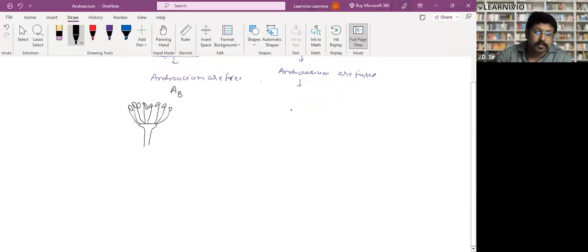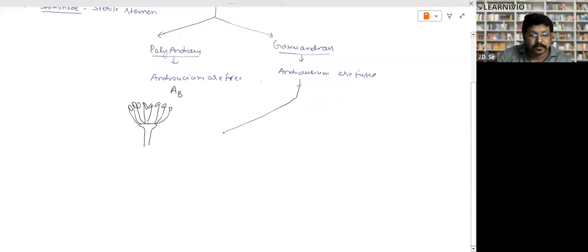For example, there may be the monoadelphous condition, right? So there are further classifications: monoadelphous, diadelphous, and polyadelphous. The first situation is monoadelphous. In the monoadelphous condition, what is that? Suppose this is one thalamus.